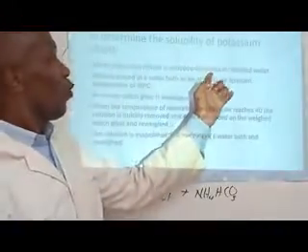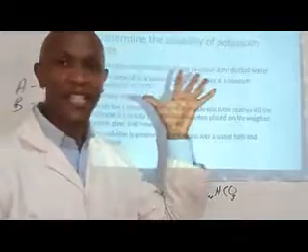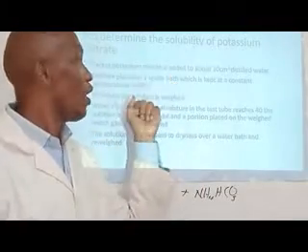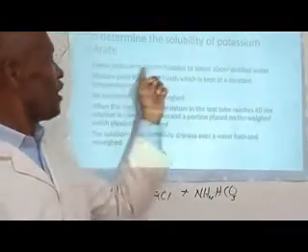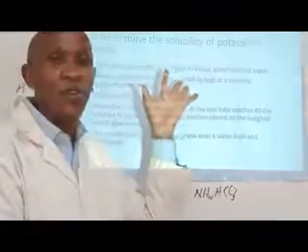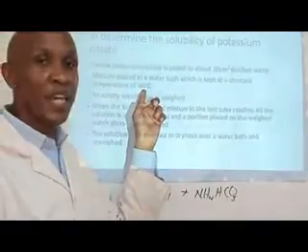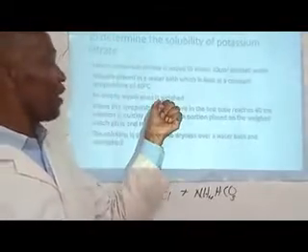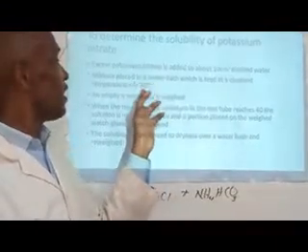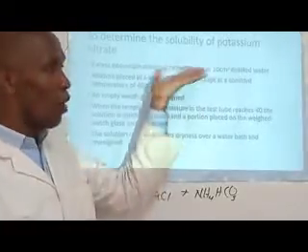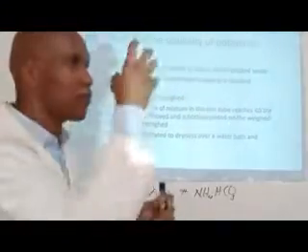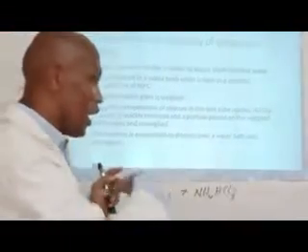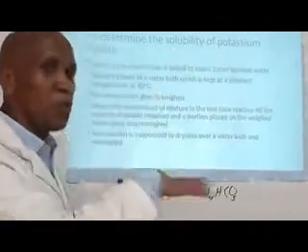Then we shall add excess potassium nitrate. We shall warm this solution to around 40 degrees Celsius, but you need to pick up the exact temperature. As we warm it, we have excess potassium nitrate, and more of it is going to dissolve.